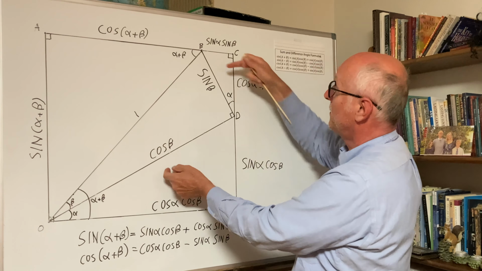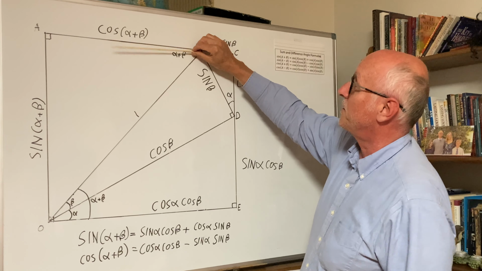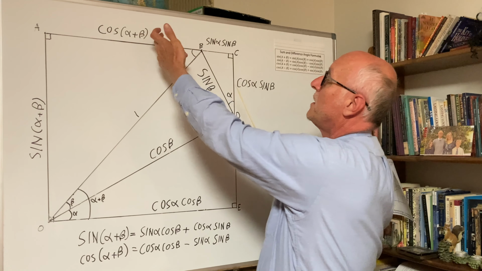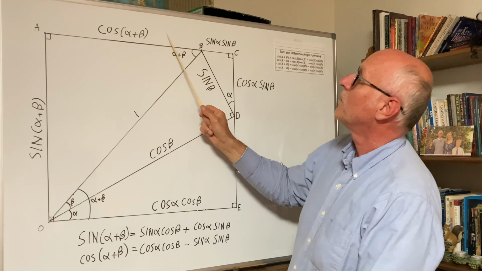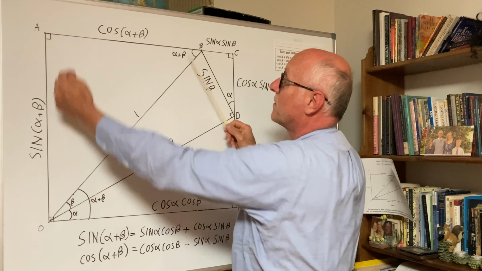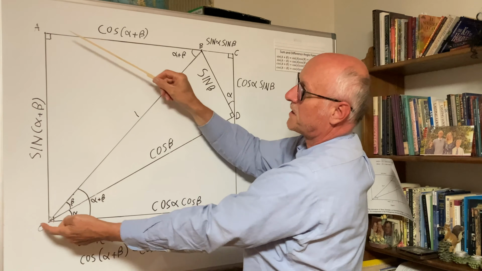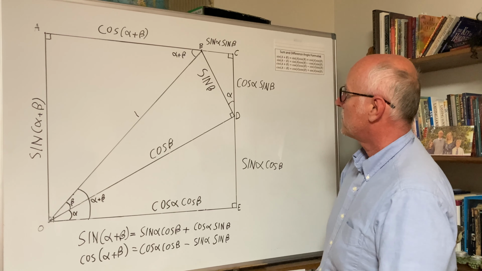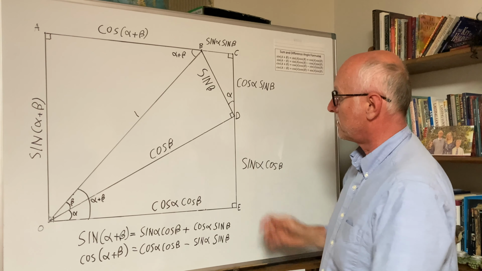Also, if this is a hypotenuse of 1 and this is the angle of alpha plus beta, the adjacent would be cosine of alpha plus beta. That's this distance here. And the opposite is sine of alpha plus beta. Okay, so now we have these two. Great. So let's work on these.